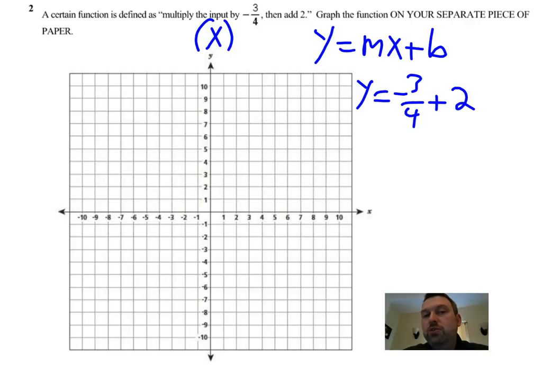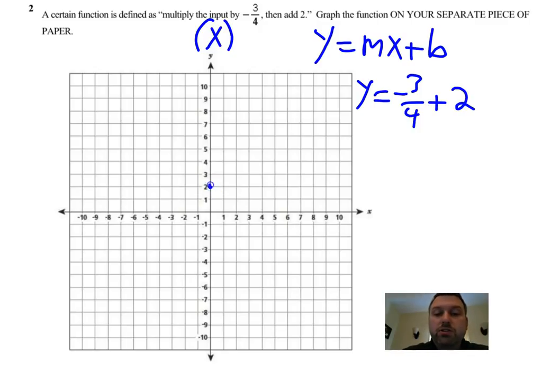Intuitively, you should have gotten that anyway, right? You probably aren't going to have a y-intercept of negative 3/4 and then go up 2, 1 to the right. I'm not saying you can't, but it's more likely they would have you start at a y-intercept that's an integer, a positive or negative whole number, and then go up or down. In this case, you're going down 3, 4 to the right.